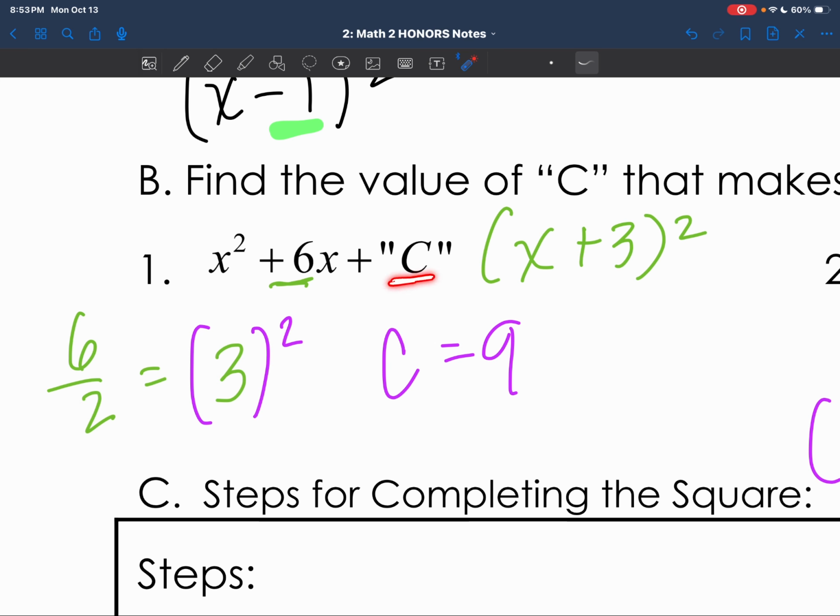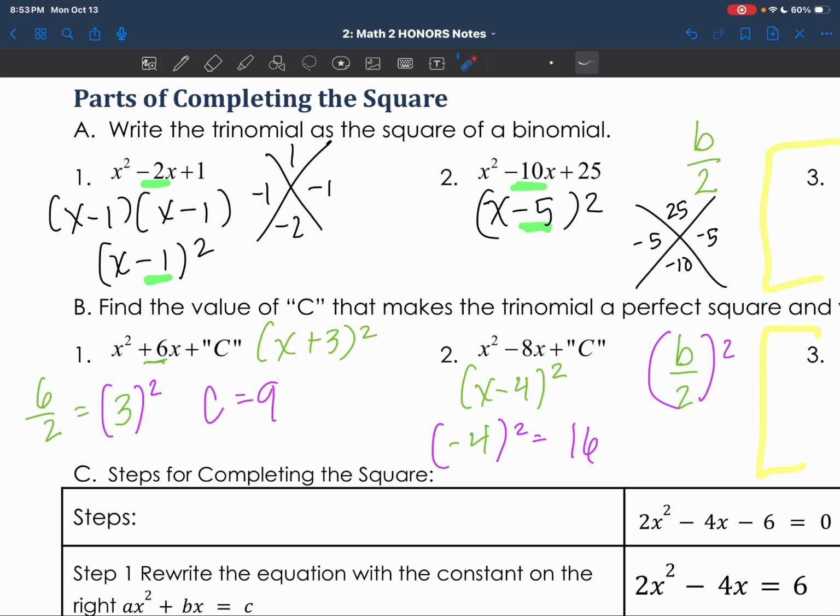To get this value, you would take that and square it, which is 9. So your c would equal 9. And the reason why: x plus 3 times x plus 3 gives you x squared plus 6x plus 9. So that's your c value right there.